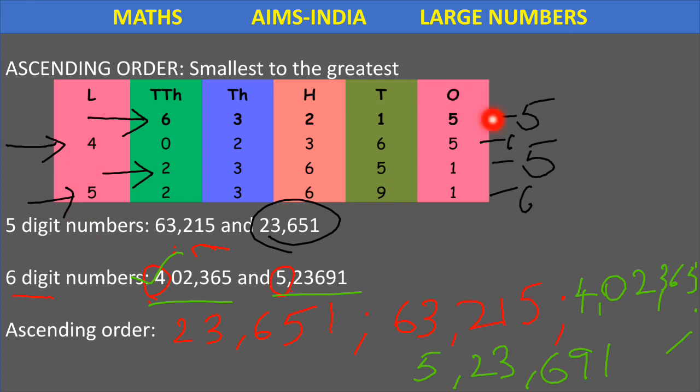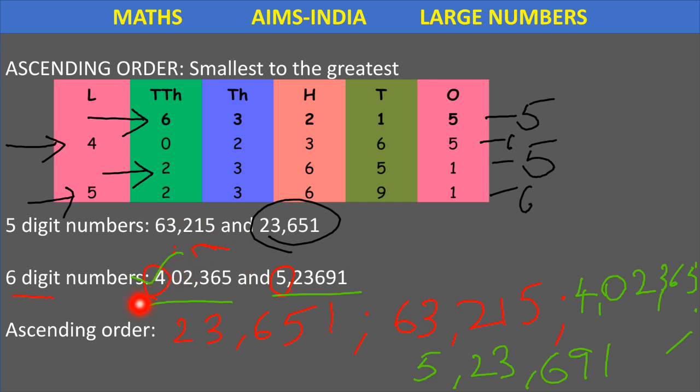What did we do? First we placed the numbers in a place value chart. Then we grouped them into 5-digit numbers and 6-digit numbers. As we know 5-digit numbers are smaller than 6-digit numbers, we first wrote the smallest 5-digit number. Which is the smaller number in these two? 23,651. So it is written in the first place, and then the other 5-digit number, 63,215.